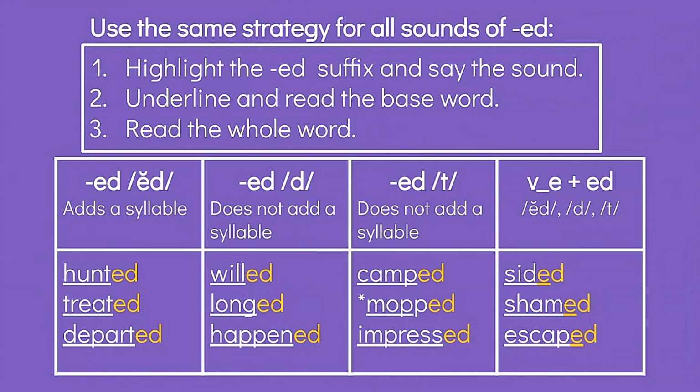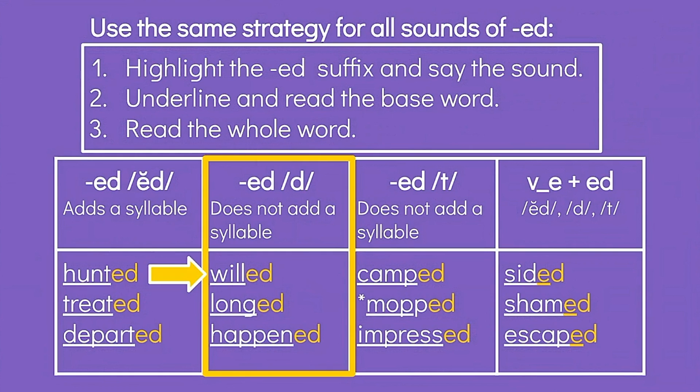Here are some examples. For ED ed, here the suffix adds a syllable to the word because the E is a talking vowel. The student will highlight the suffix and say ed, then underline and read the base word hunt, then read the whole word hunted. For ED that says d, it does not add a syllable because the E does not talk.